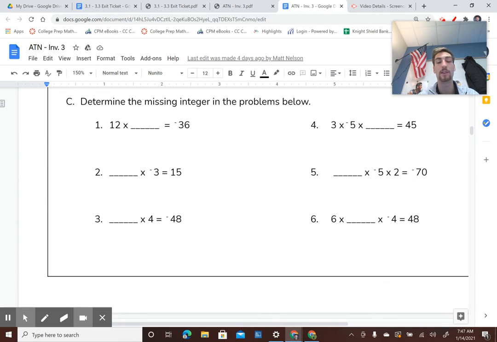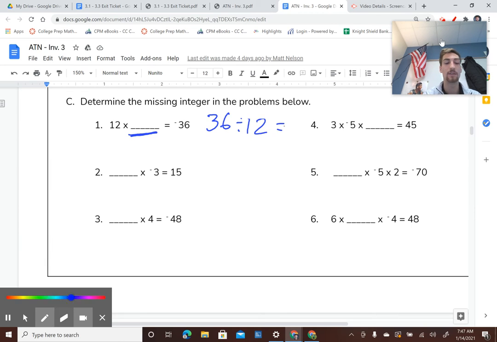So here again, you might have to work backwards. And so to figure out what you have to multiply 12 by to get 36, you might have to start with 36 and divide by the factor you're given, in this case 12. What would that give you? And again, we have to pay attention to if our answer or our product is negative, what does that mean for the factors we have?